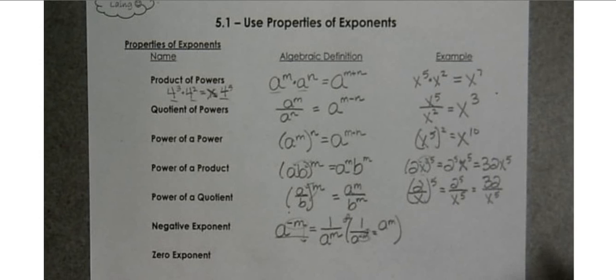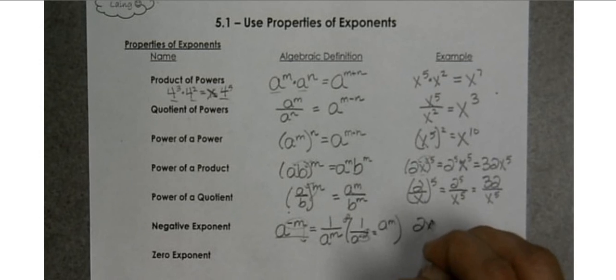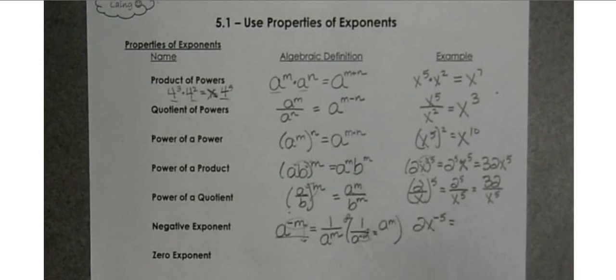So if we had something like 2x to the negative 5th, remember what's being raised to the negative 5th power? Just the x. So this guy has to travel through the fraction bar to the denominator and become x to the 5th.